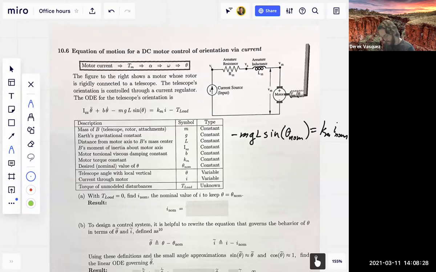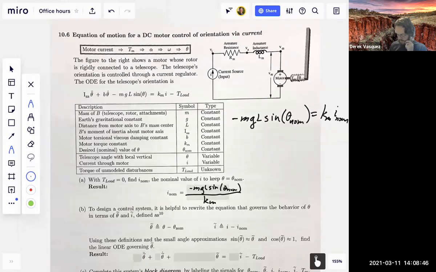And so that means that I nominal is just negative mgL sine theta nominal all over km. Okay.